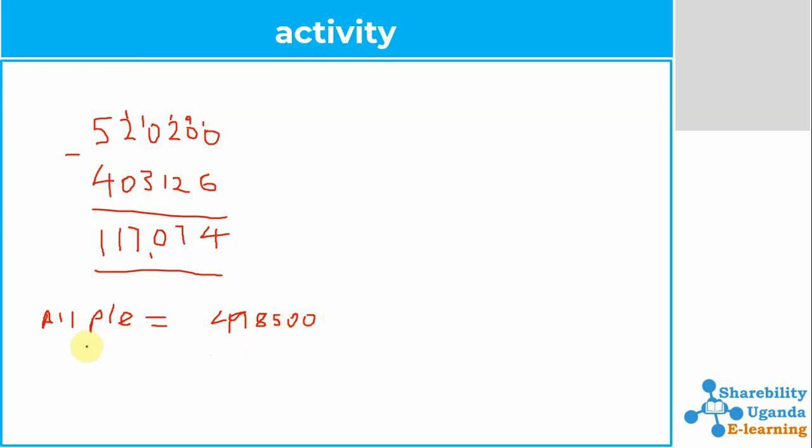These are the total number of people within the town. Then we get the number of people who are employed.